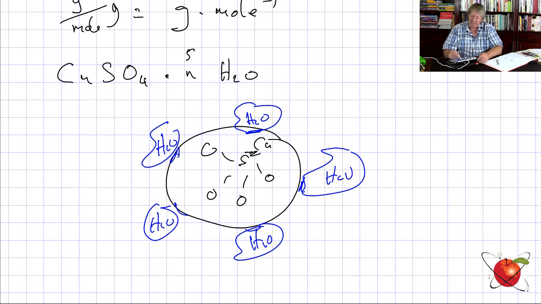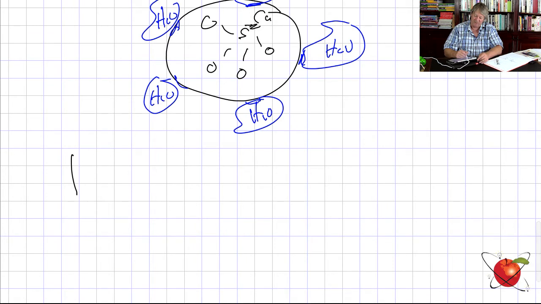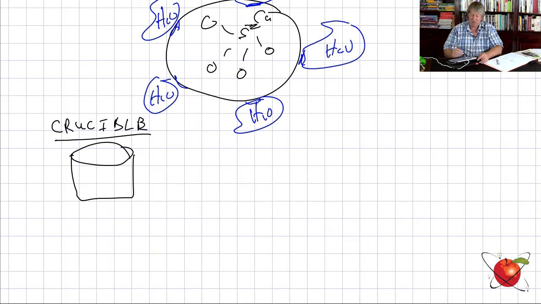Now, if you take the copper sulfate, and we put it into our crucible, which is a bowl, let's just have some fun, we chuck blue CuSO4·H2O in there.